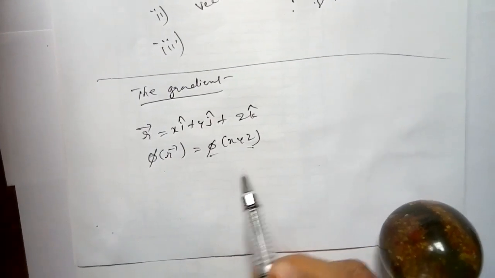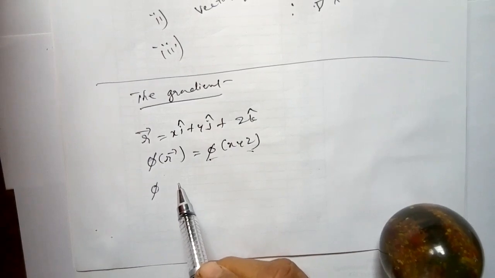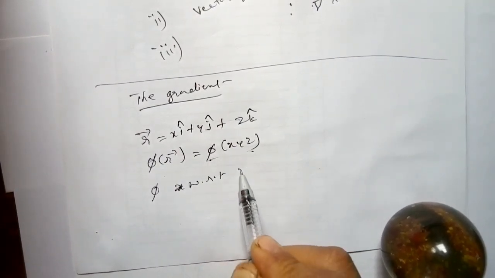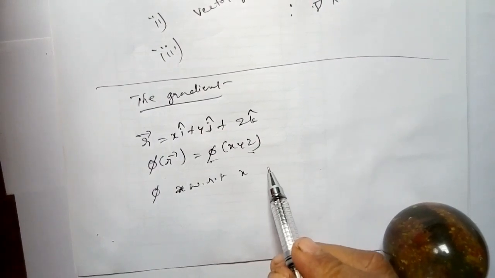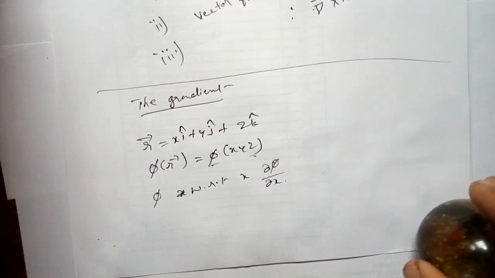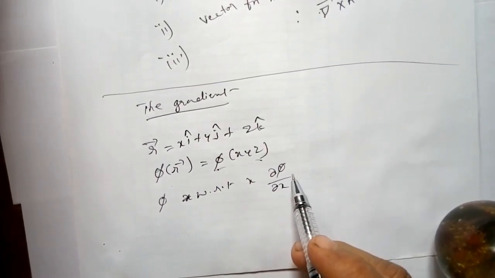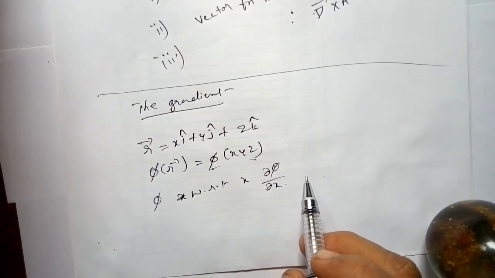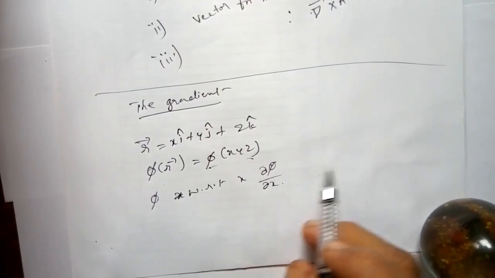Then the partial derivative of phi with respect to x is dou phi by dou x, which is a measure of the rate of change of phi at point P along the x direction.